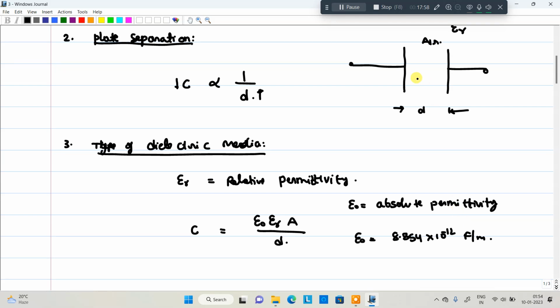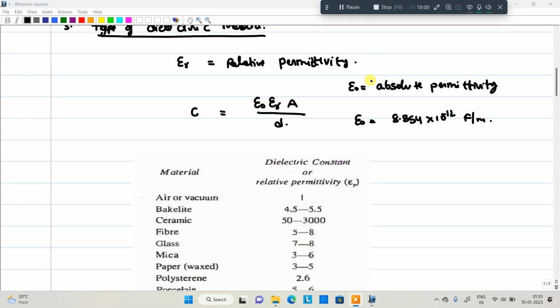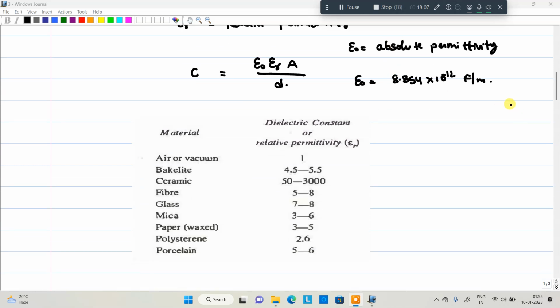Then we move to the values of the relative permittivity of different dielectric media. This is the table you need to remember. Air or vacuum: epsilon R is equal to 1. Bakelite, 4.5 to 5.5.